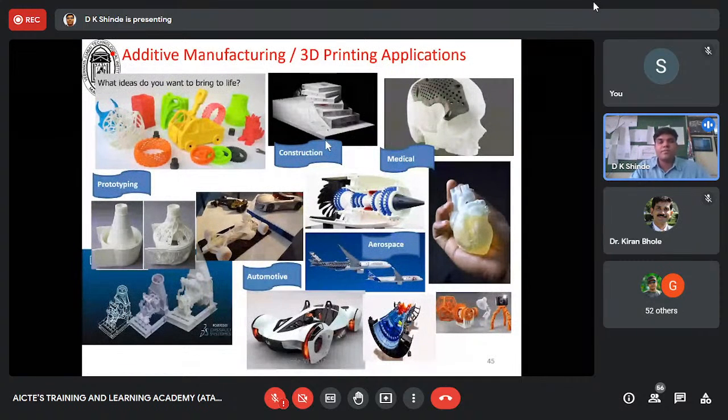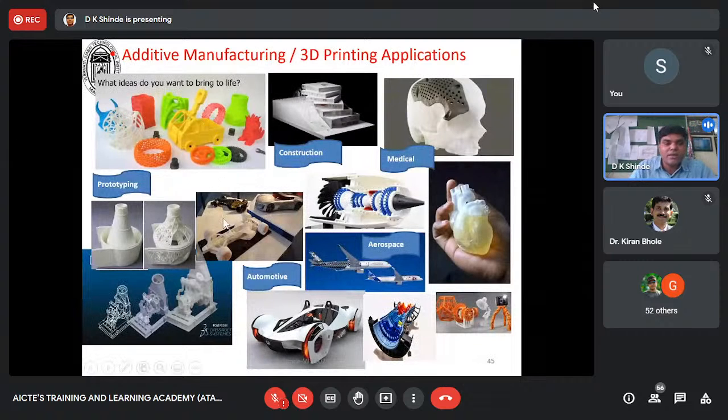A few examples, captured from various internet sites and brought to one place, show how things can be built using different materials.